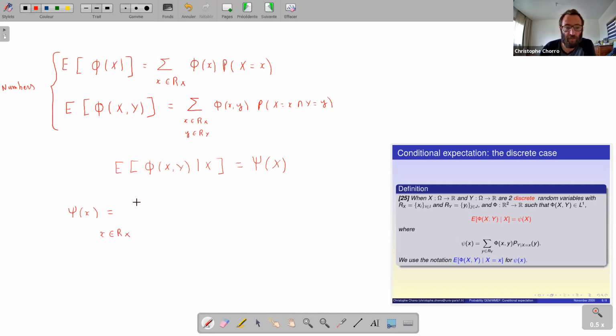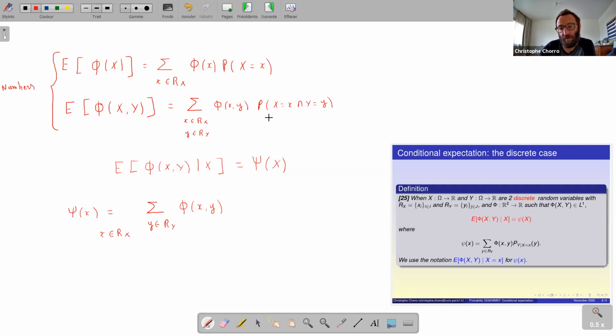And what is this? It's something that is not very far from what I have written here. It will be a simple sum over the possible values of y of the mapping phi of x, y, multiplied by what? In the case of a single expectation with respect to a single random variable, it's the probability mass function of X here.